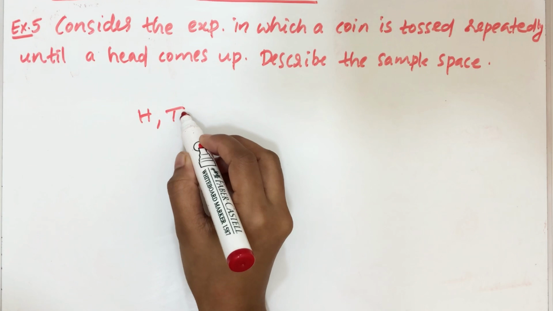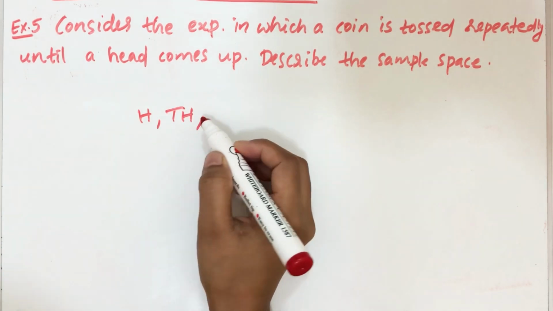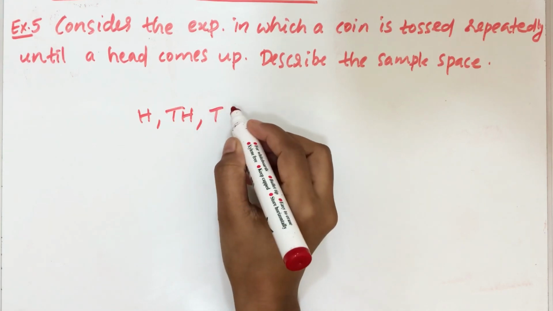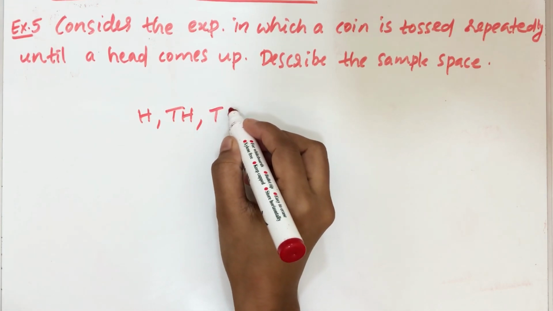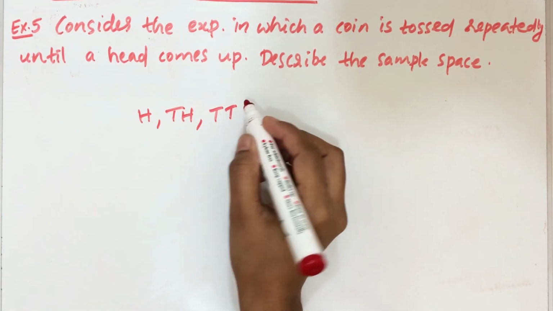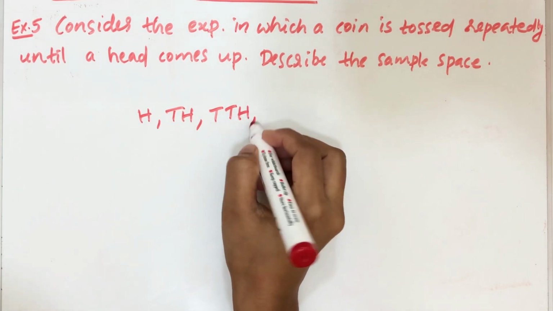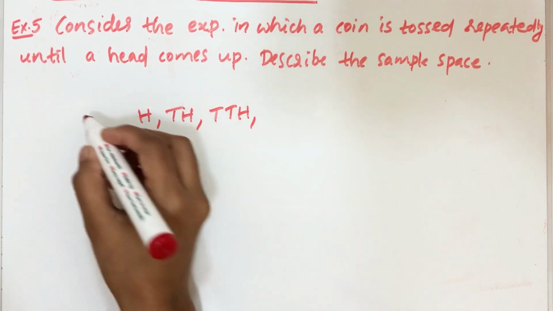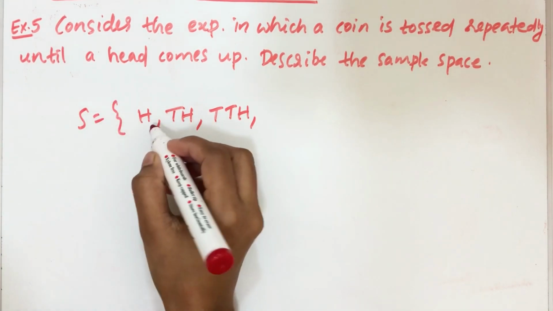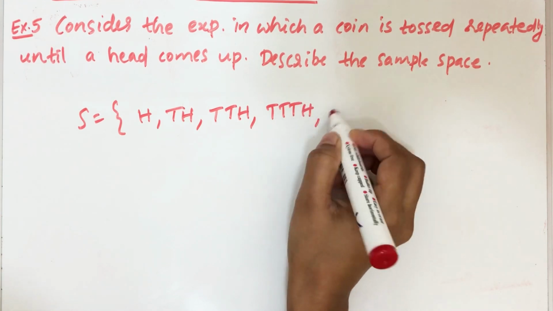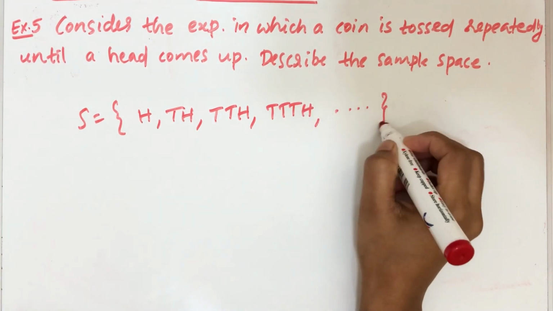If in the second toss a head comes, then we can stop. Like that, in the first toss a tail, then repeat again. In the second toss also tail, then again repeat. Then if we get a head in the third toss, we can stop. Like that, the sample space will be S is equal to {H, TH, TTH, TTTH, etc.}. It will continue like that.